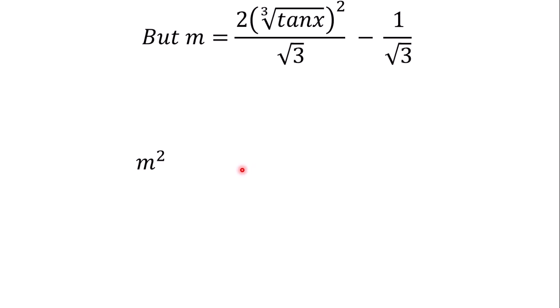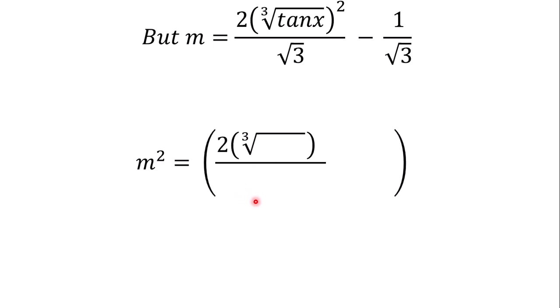So m squared will be equal to, so that is how you will do it when you replace this one in that bracket, where you're having m squared plus 1. And then you expand this one there plus the 1. But as I'm saying, you can choose to do it this way. So when we go there, when you see m squared, we put this one there.